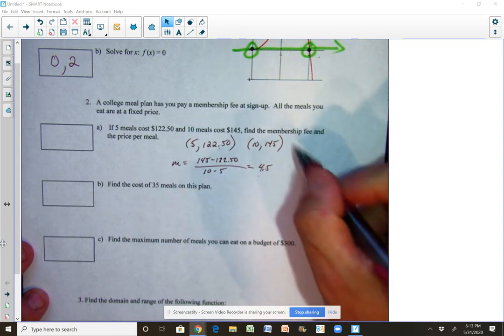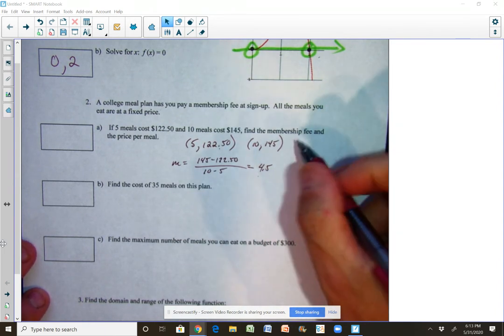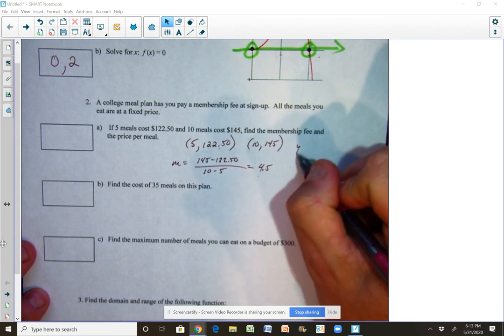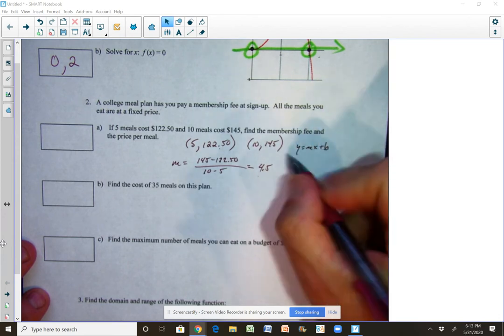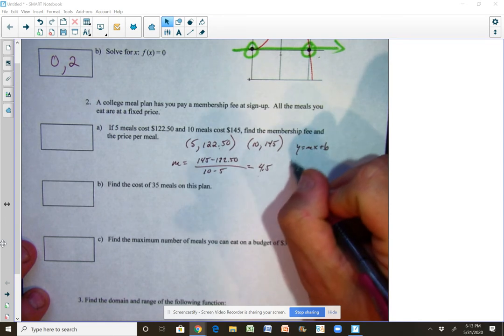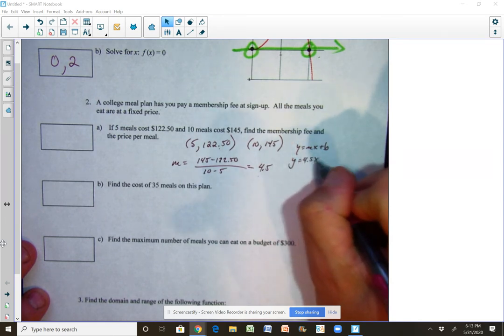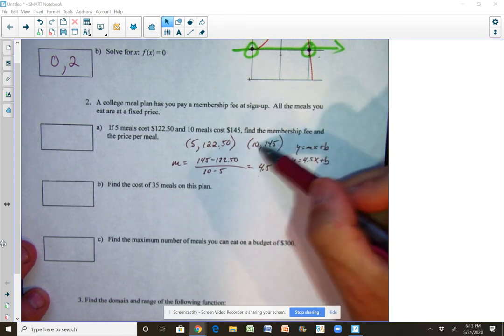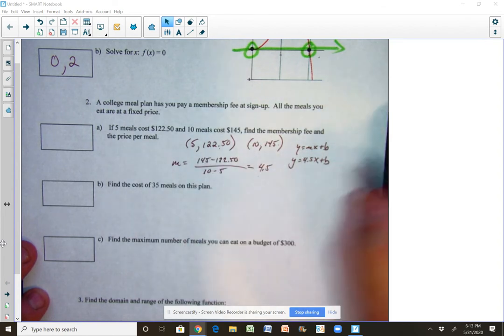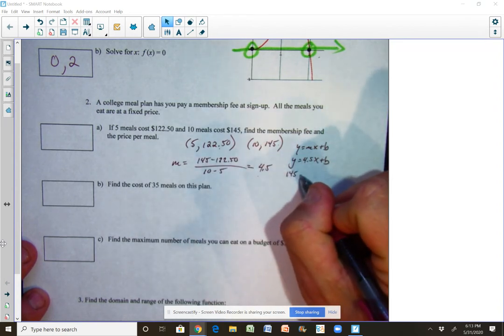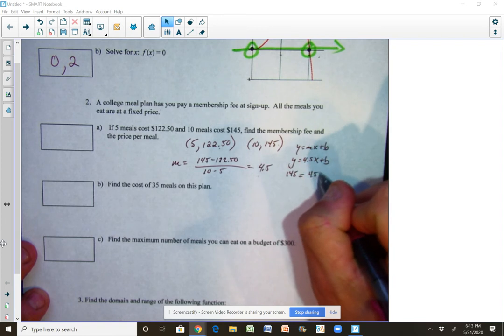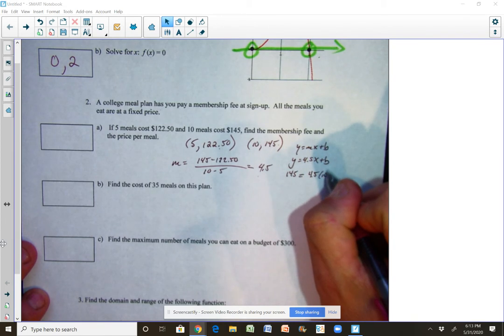We still need to know what that membership fee is. That's the fixed fee, which is the equivalent of the y-intercept. So you can go back to y equals mx plus b and substitute 4.5 in here, so y is equal to 4.5x plus b. Then you can substitute any of those values for x and y. So 145 equals 4.5 times 10 plus b.